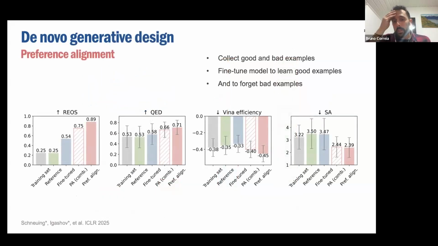So one of the ways that they tried to optimize their algorithm was by using a class of techniques called preference alignment. And here they really saw interesting results when they tried different ways of training this algorithm, particularly in the typical properties of QED and synthetic accessibility.